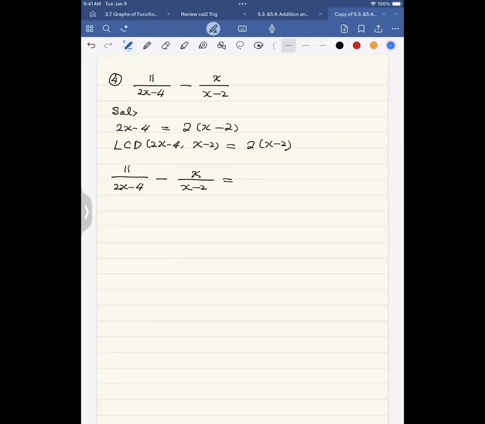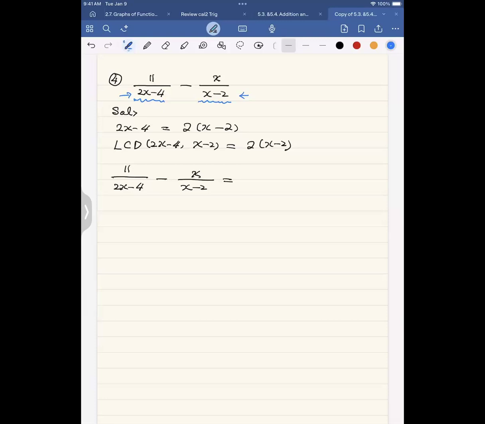In the next problem, we want to calculate 11 over 2x minus 4 minus x over x minus 2. The two denominators are different, but we can easily recognize that the first denominator is twice the second denominator.